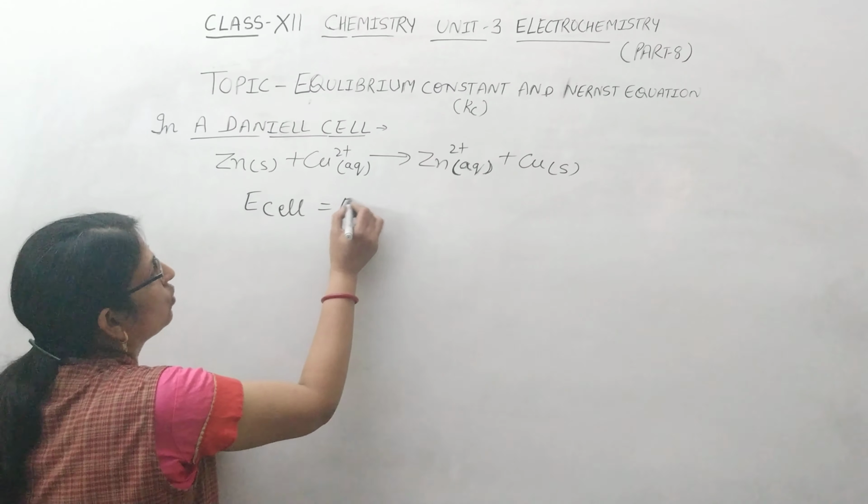Now we can write E naught cell is equal to 0.059 upon 2 log Kc. That is the relation. 2, because electron transfer is 2 here. When it is 1 you write 1, when 3 you write 3. So that is the relation between E naught cell and Kc.